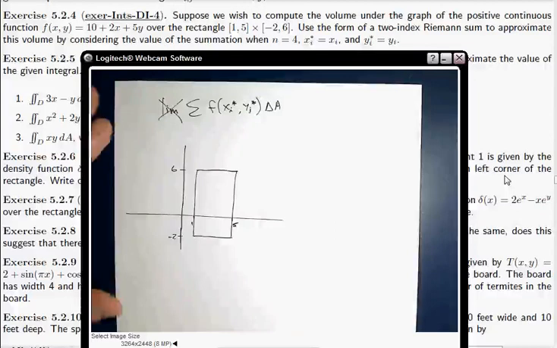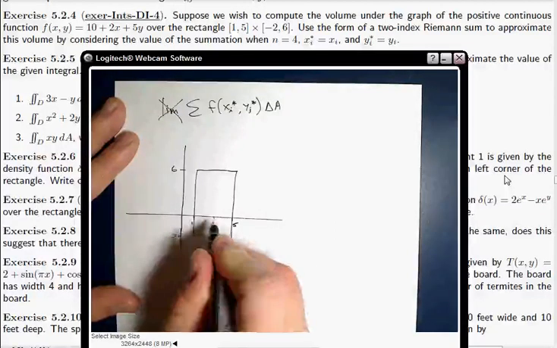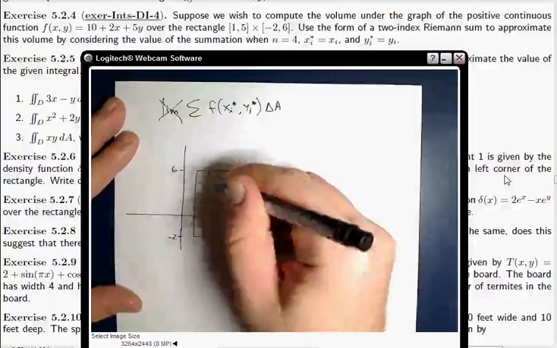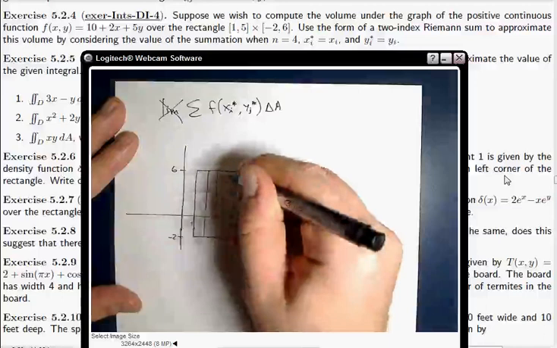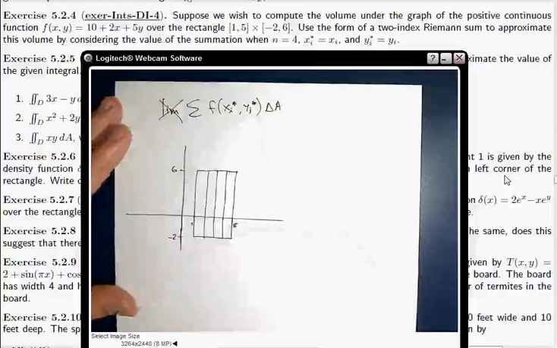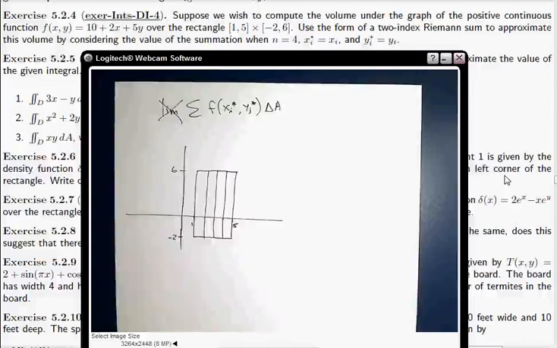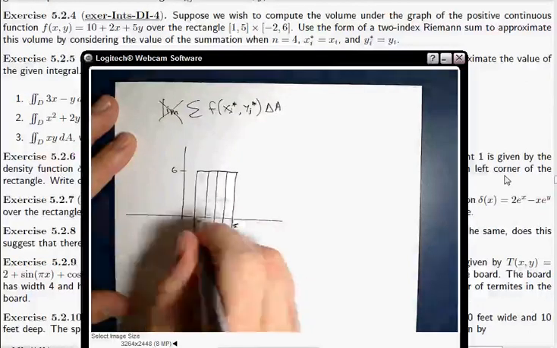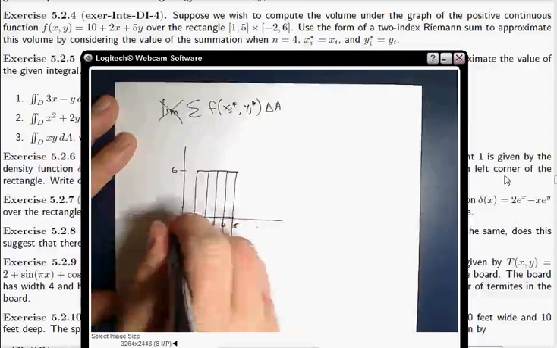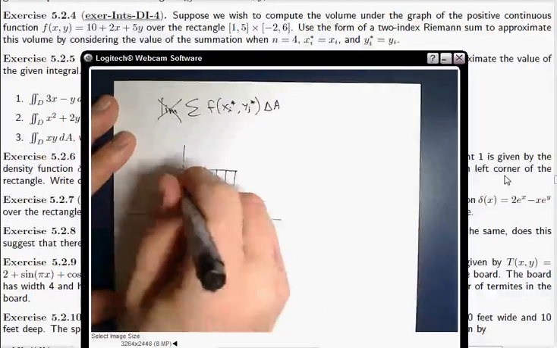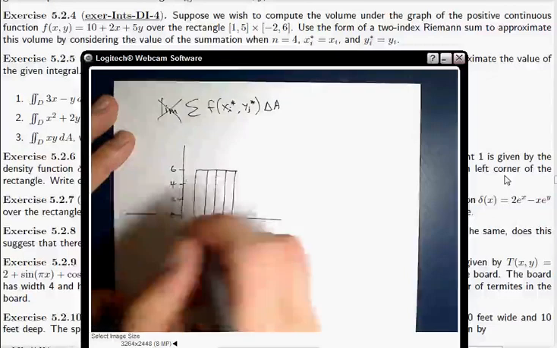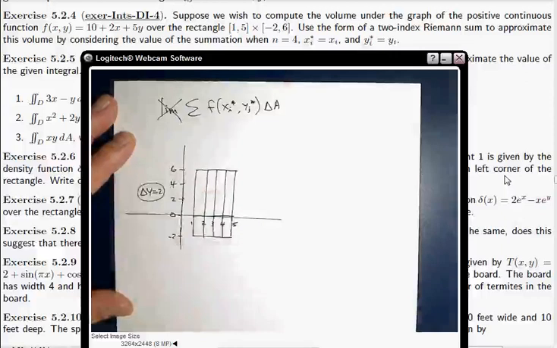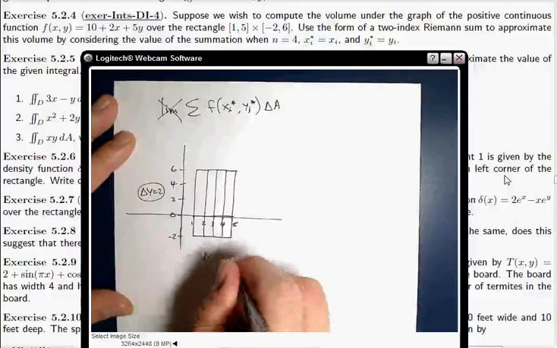Chopping with n equal to 4, I'm going to be breaking it in the x direction at 2, 3, and 4. I've arranged it so the arithmetic works out to be all integers, just for convenience. And slicing in this direction, it's at 0, 2, and 4. So your delta y is equal to 2, and your delta x is equal to 1.